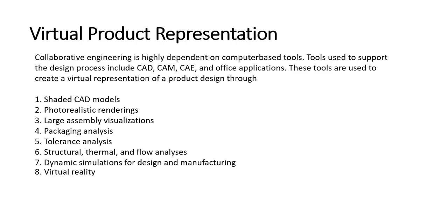These tools are used to create virtual representations of a product's design through: one, a shaded CAD model; two, a photorealistic rendering; large assembly visualization, packaging analysis, tolerance analysis, structural, thermal, and flow analysis; seven, dynamics simulations for design and manufacturing; and finally, virtual realities.